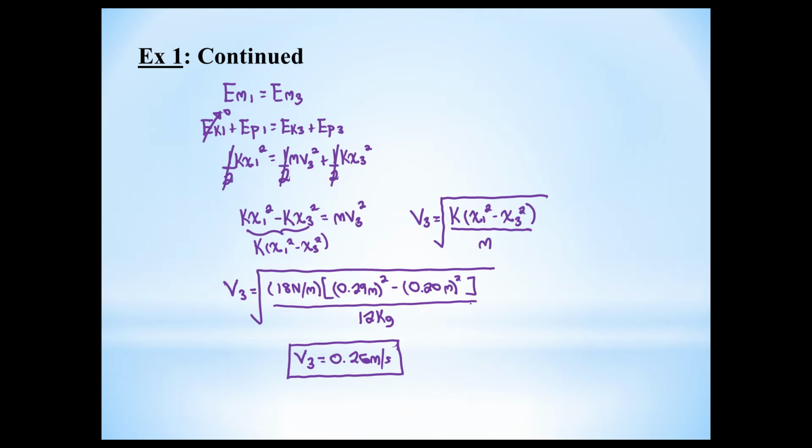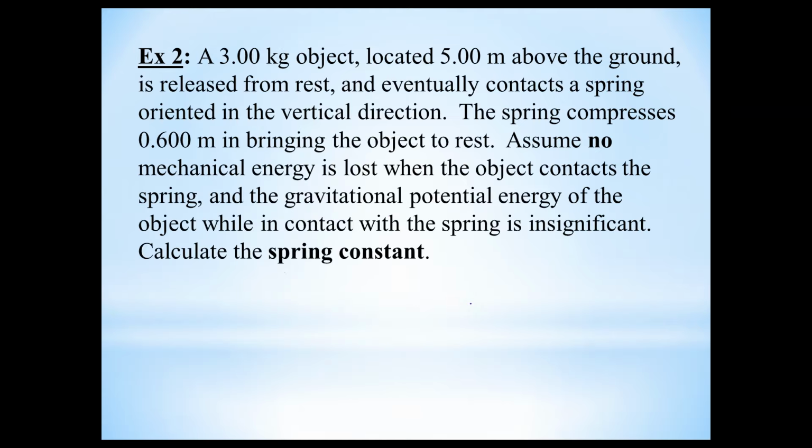All right, one more. Says a 3 kilogram object is located 5 meters above the ground and it's released from rest and drops onto a spring. Okay, this is a bit of a stranger type problem. So let's draw this. Let's make this the ground.